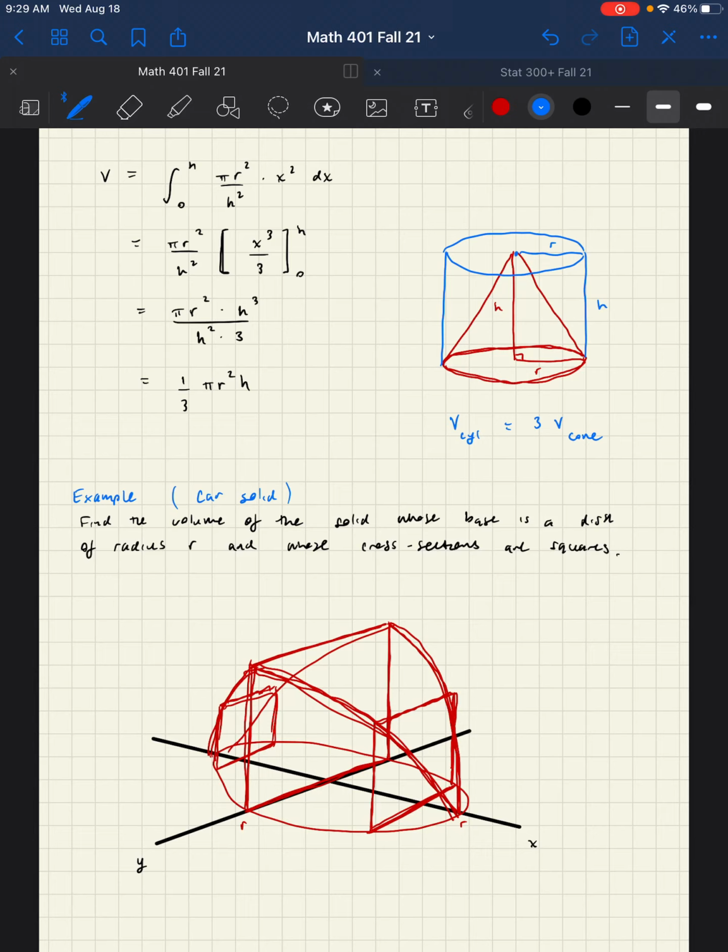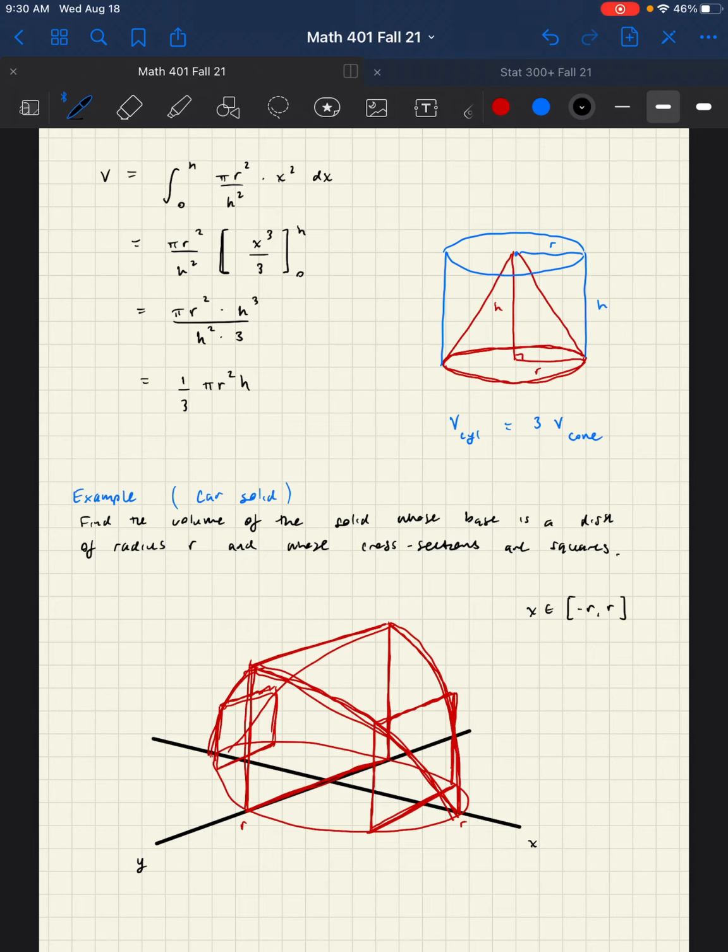Okay. So the question is then, how do we find the volume of this thing, right? So it depends on what variable we want to work with. Do we want to work with x? Do we want to work with y? I think we should work with x, okay? So our integration is going to happen with respect to x, which means x is between negative r and r.